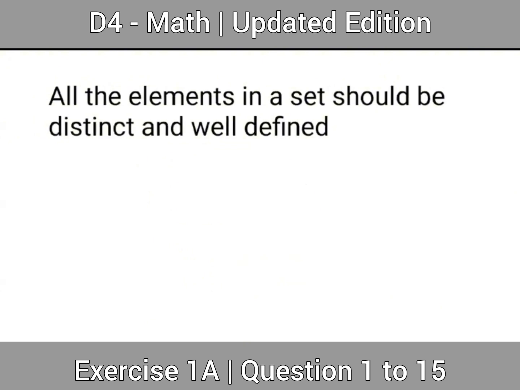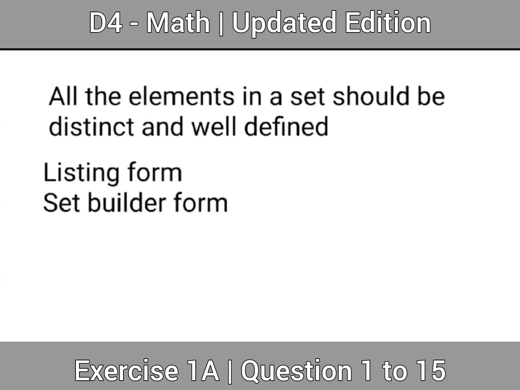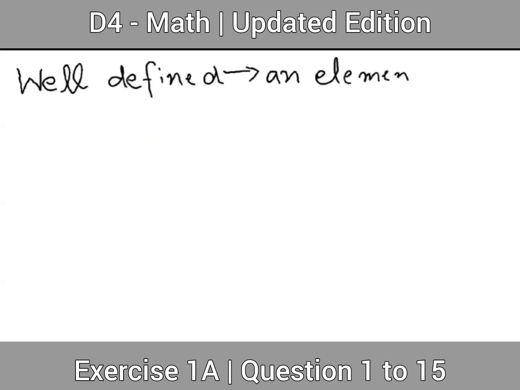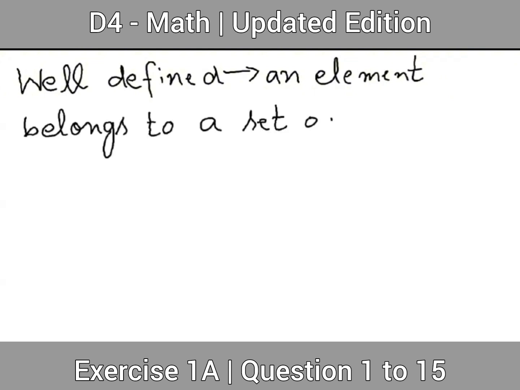Now we will define the different ways in which a set can be written mathematically. These are the two methods: the listing form and the set builder form. From our discussed example, we can interpret the meaning of well-defined as whether an element belongs to the set or not.